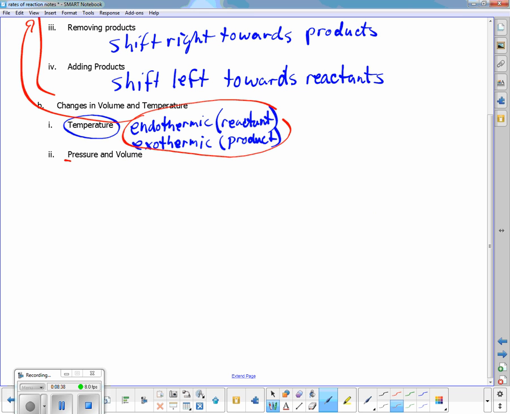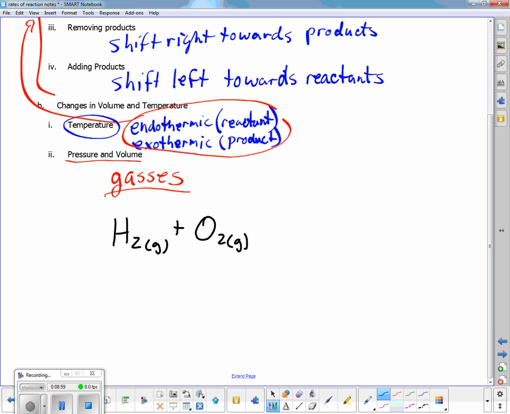Then we get a little tricky: pressure and volume. This one has to do only with gases. It doesn't care about liquids, it doesn't care about solids. It cares about gases. So let's take a reaction that we know really well: H2 gas plus O2 gas yields H2O gas. Is it balanced?